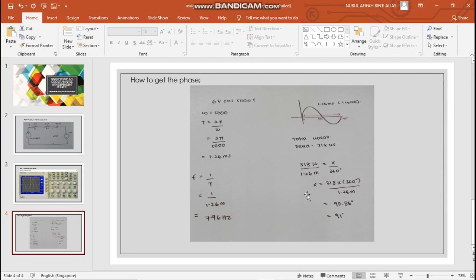So we have to find x. 380 microseconds multiplied by 360 degrees and divided by 1.26 milliseconds. So I get 91 degrees for the phase, and this is the phase for our AC circuit.